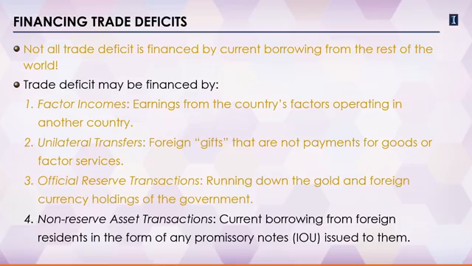In essence, the residents of our home country have to issue promissory notes or IOUs, give them to foreigners, get their money in order to be able to import more than they're exporting. This is essentially borrowing, and it's called non-reserve asset transactions. Another capital account transaction, which affects the net worth of the country, because when we borrow or we run down our assets, we're reducing our net worth.